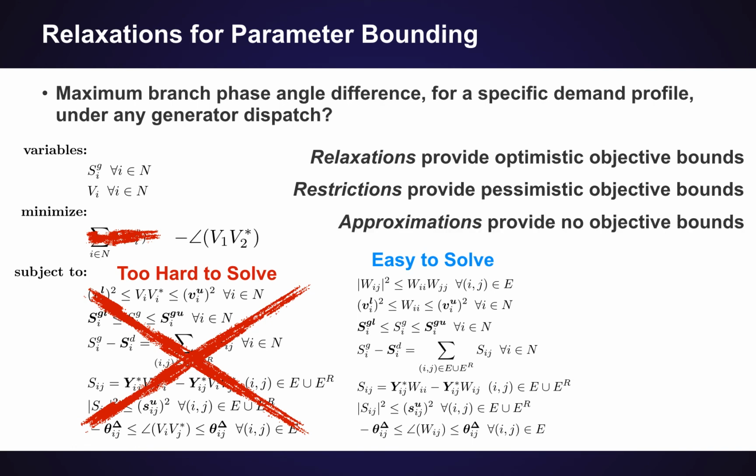Right. And just as a point of contrast, approximations provide no particular guarantees on their objective value. So this is a good example of where relaxation or restriction provides you some clear, quantifiable result, where approximation is just a guess. Mm-hmm.